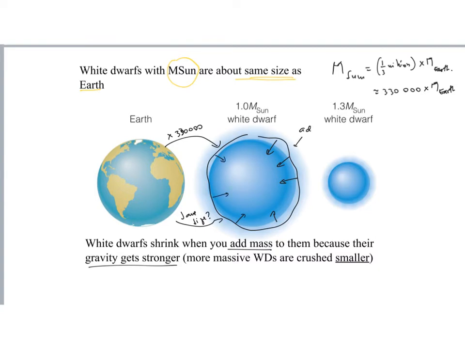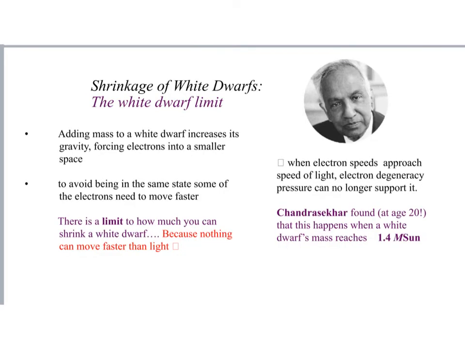So you add mass, and you're going to end up with an even smaller size. Crazy. And also very, very important to understand what other things happen to white dwarfs.